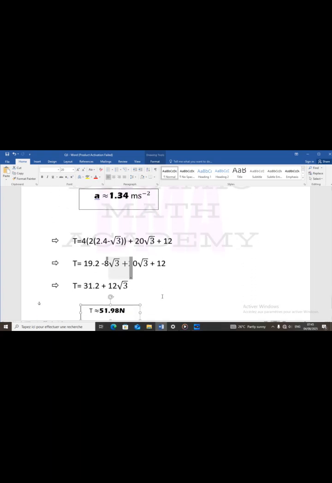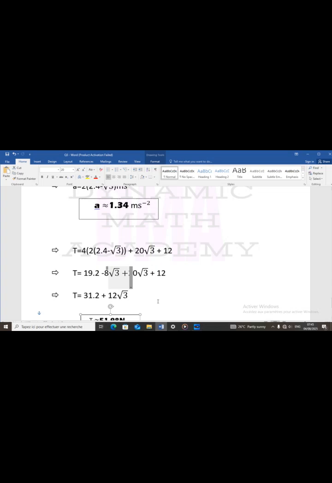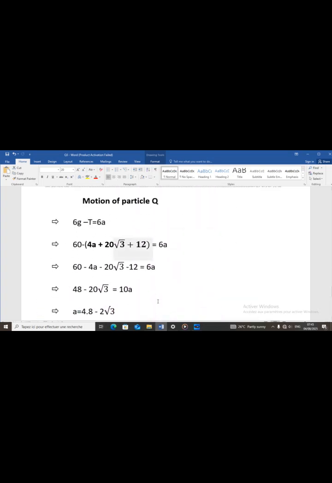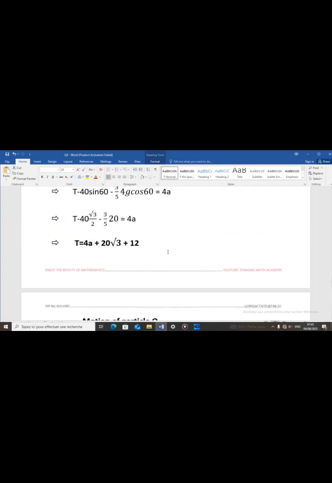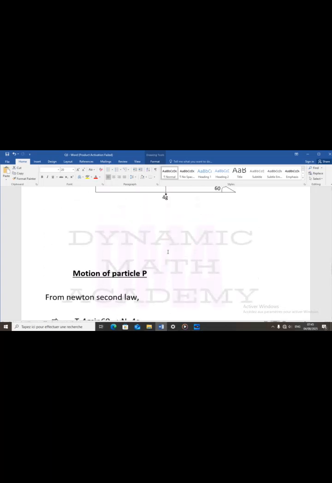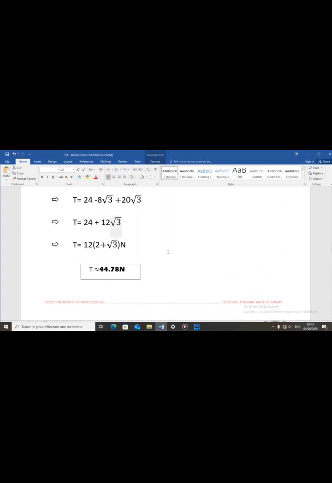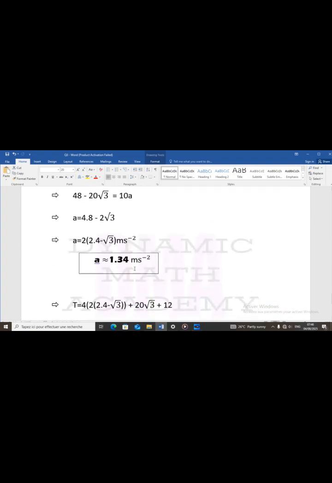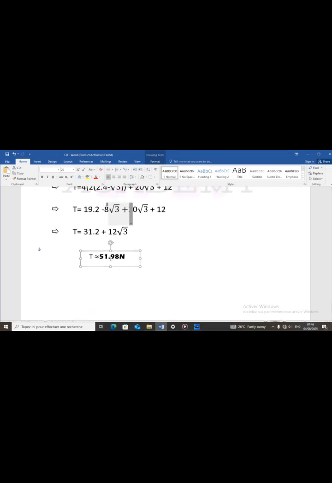You realize that this tension force is actually bigger, because the first tension we had was, let me check, 44. Yeah, we had approximately 44.78. But here we're having a tension force of 59. So there is a difference of approximately 7 newtons.